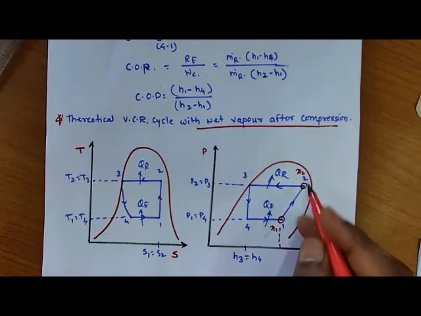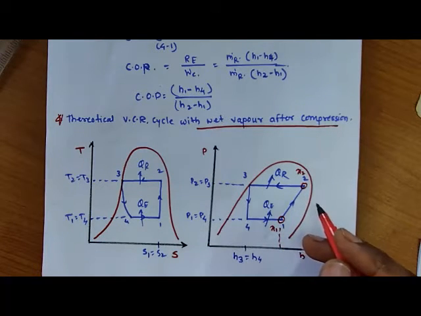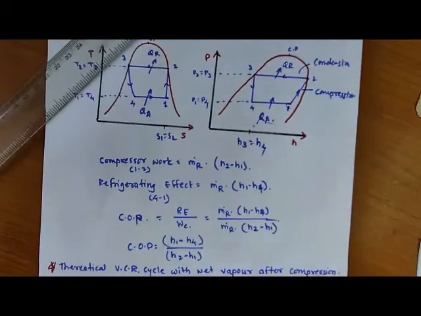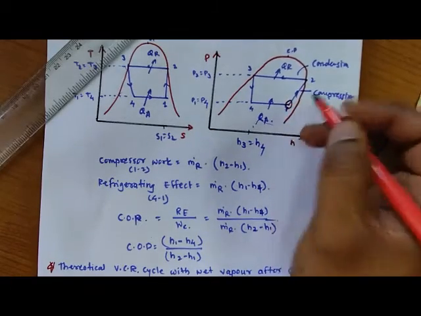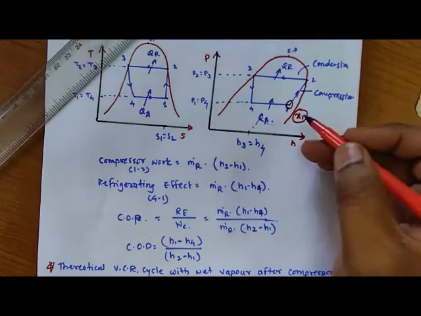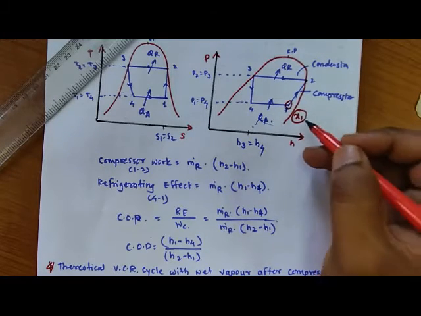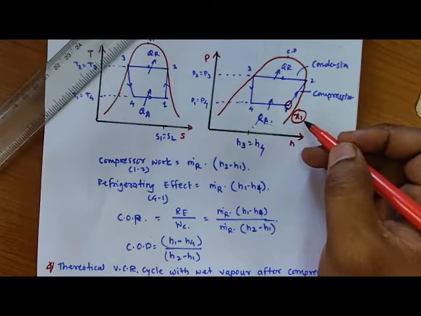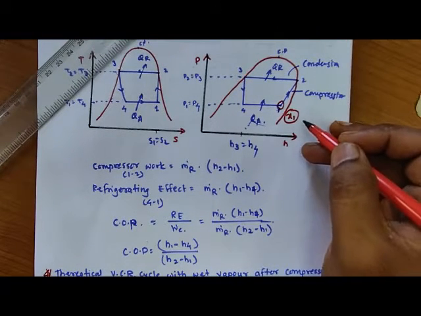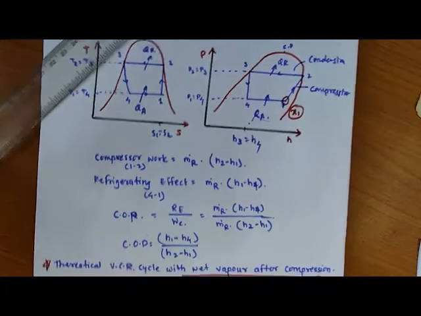So that's why we are not using this cycle. In the first and second types, point number 1 has some dryness fraction. That means liquid refrigerant is available, and due to that we do not supply this type of refrigerant to the compressor, to avoid damage or corrosion of the compressor parts. Okay. So this is about the cycle.